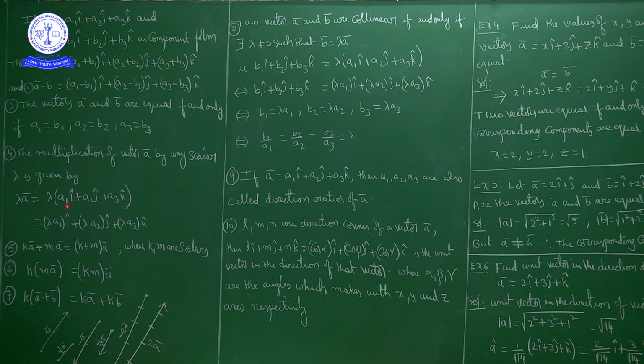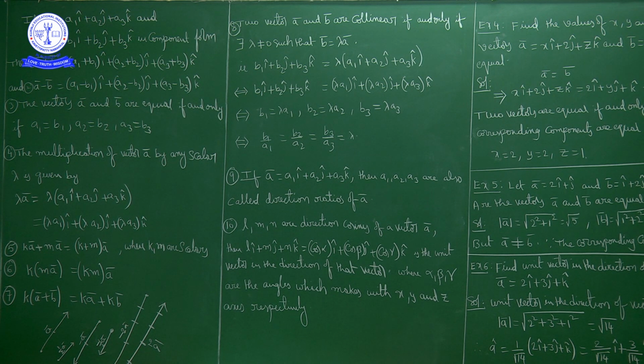Lambda A1 i cap plus lambda A2 j cap plus lambda A3 k cap. This is the multiplication of a vector A bar by scalar lambda.